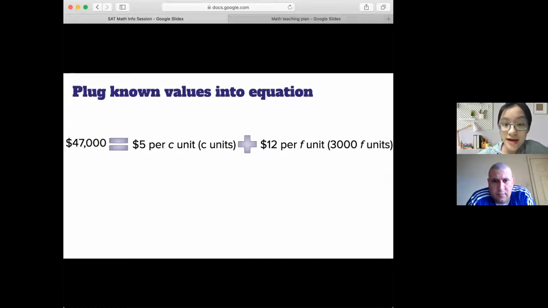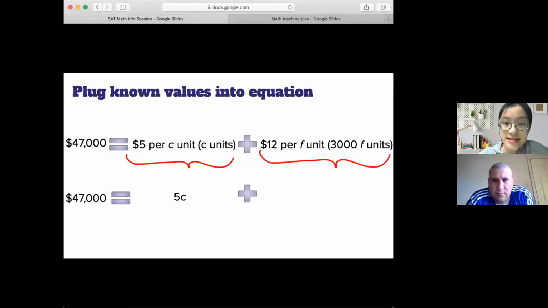If we simplify this equation, we get $47,000 equals 5C plus $36,000.